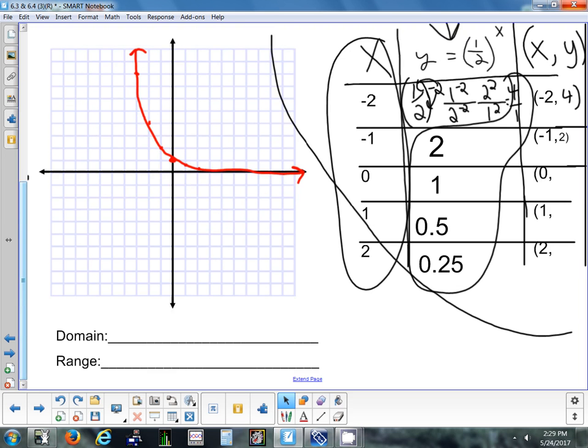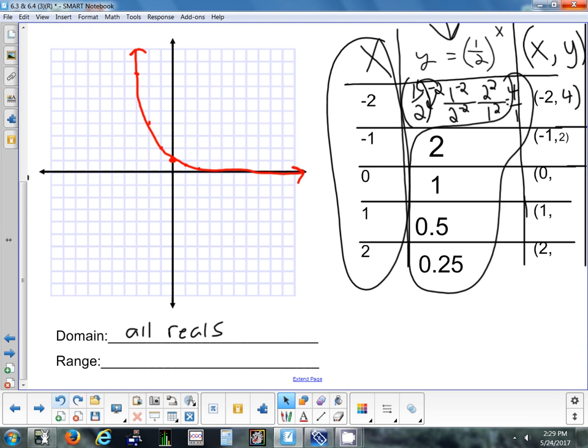So if that red line goes left forever and right forever, what values does that include? All of them. Okay, so the domain is all real numbers. So the domain is everything forever, left to right.